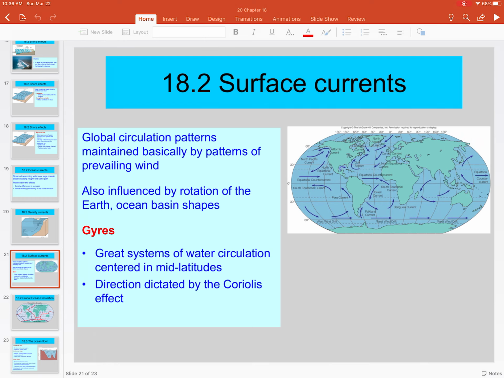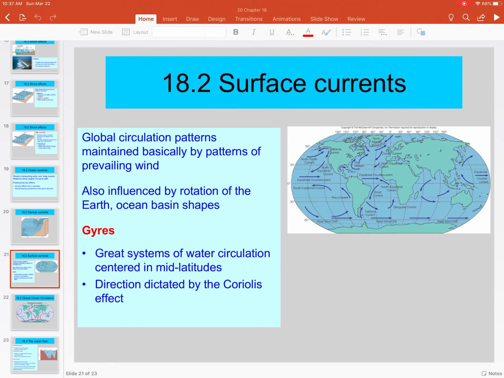So if we look here, looking along North America, we have the Gulf Stream, which goes along Florida up along the East Coast. This is where we find that a lot of our hurricanes typically swing out along that Gulf Stream area.